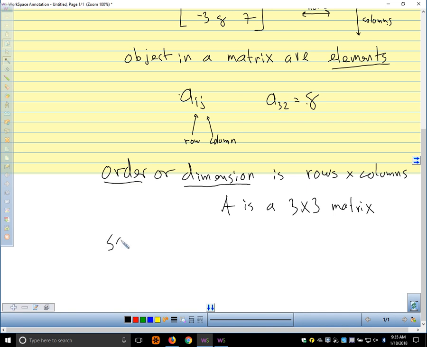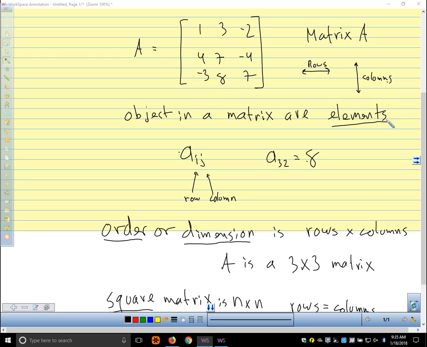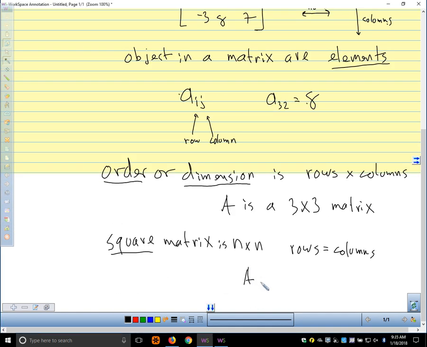A square matrix is n by n. That just means rows equals columns. So since A is 3 by 3, A is a square matrix. Square matrices are nice. There are a lot of things that you can do with square matrices that you can't do with other kinds of matrices. For the most part, we'll work with square matrices.